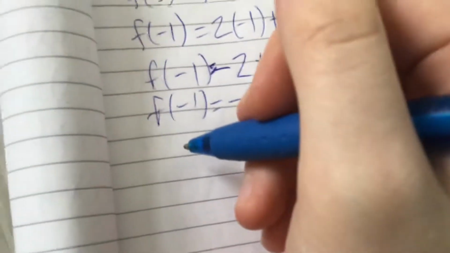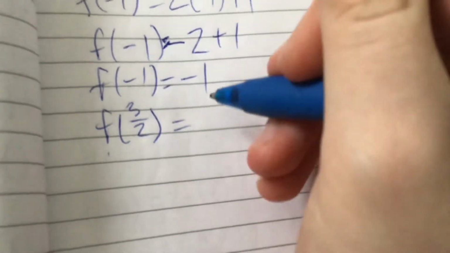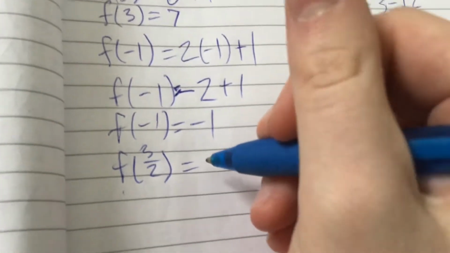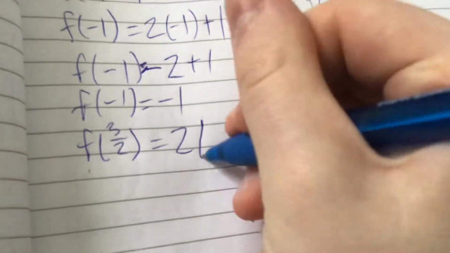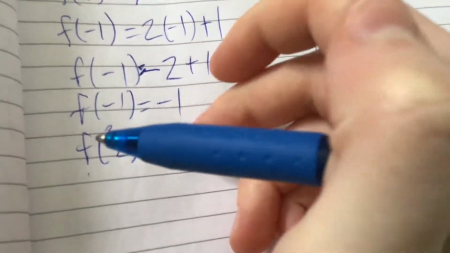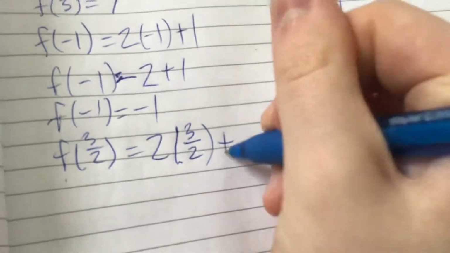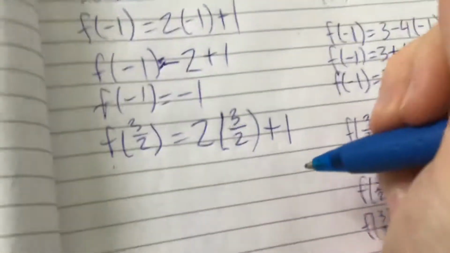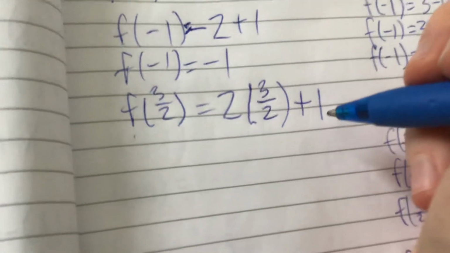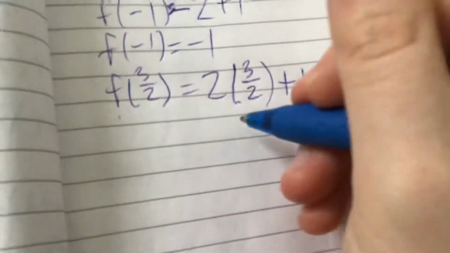All right, next one. On our paper, we've got 3 over 2. So we have f of 3 over 2 equals 2 times, oh, sorry, there's a bump under this. Anyway, times 3 over 2 plus 1. Okay? And 2 times 3 over 2, 2 times 3 is 6.